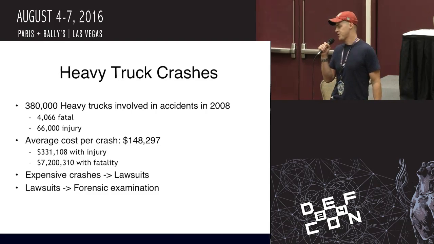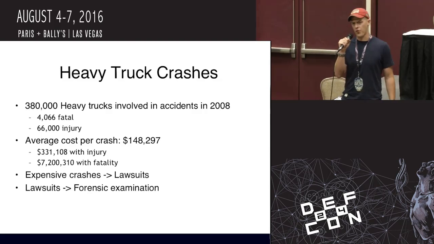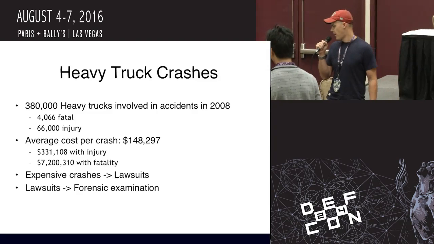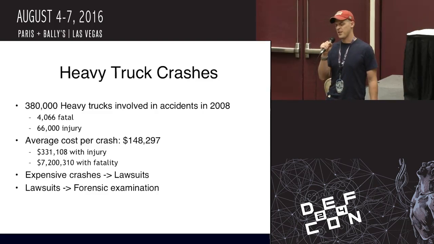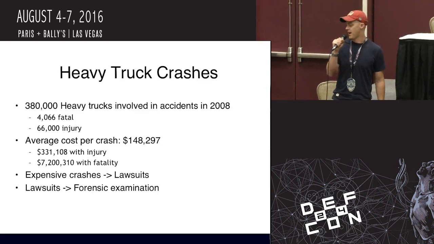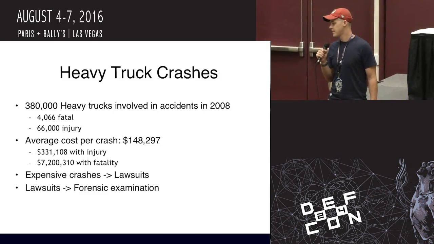Average cost per crash, according to, I think, NHTSA, is over $148,000. If it's an injury crash, that goes up to $331,000. And if there's a fatality, that goes up to $7 million. In the U.S.? Yes, in the U.S.